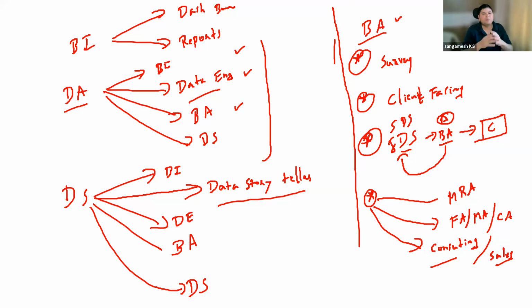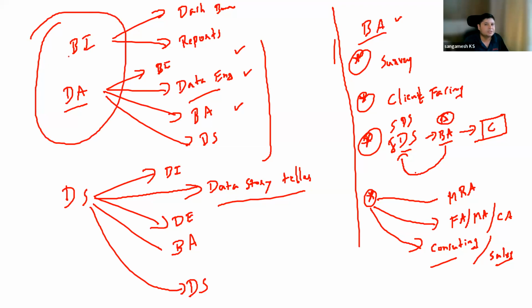I hope now people are getting some clarity on the roles which are available. And whenever I was speaking about roles, we can actually switch from one role to another role. So if you are a fresher, in that case, normally you can get a job in business analytics and data analytics.